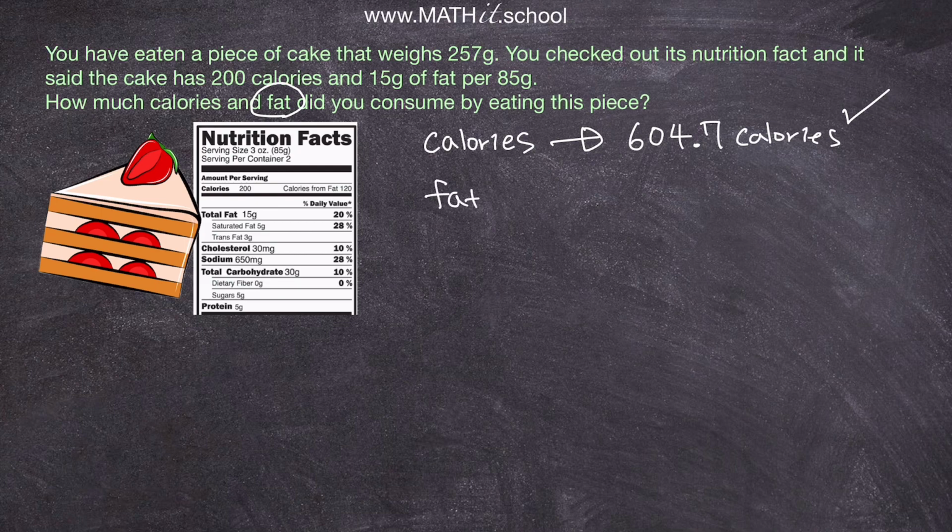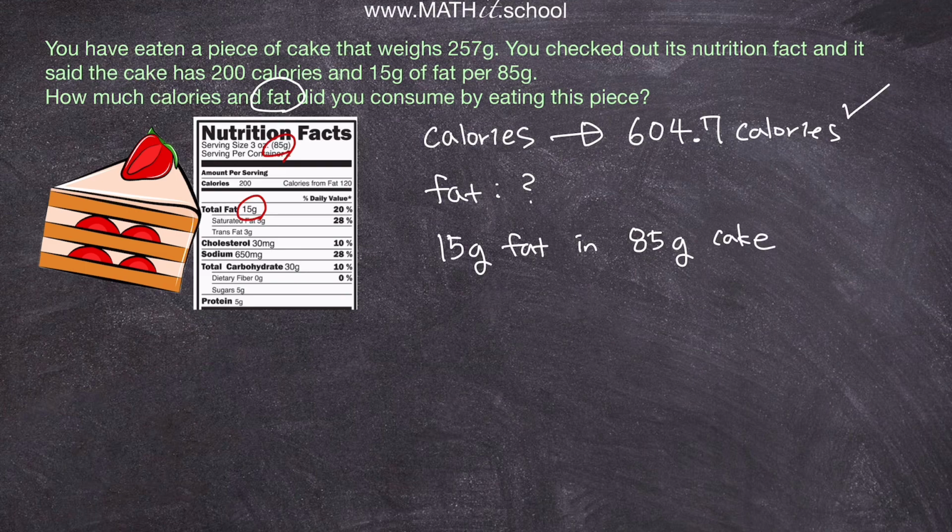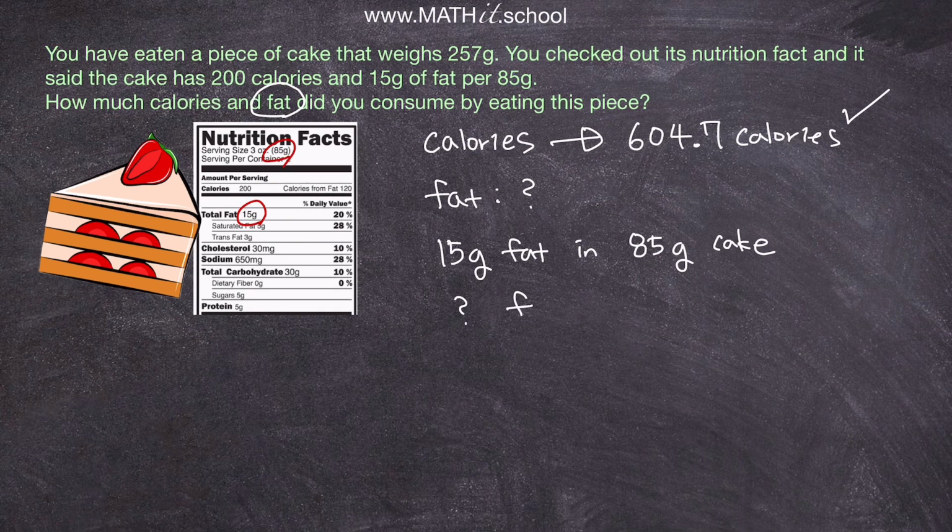Okay, fat. For fat, we know that there is 15 grams of fat in 85 grams of serving. So I'm going to write 15 grams of fat in 85 grams of cake. And we want to know the amount of fat in a piece that weighs 257 grams of cake. From this information, we're going to set up another proportion.